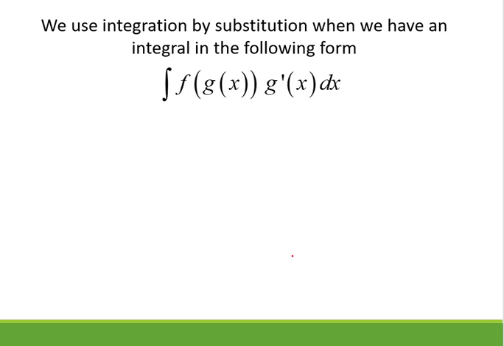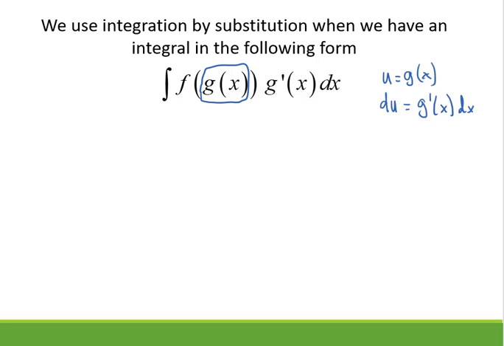Okay, so what integration by substitution is, it's undoing the chain rule. If you look at this, it's kind of a version of the chain rule. If I let u equal the inside of some function, so I let u equal g of x, then I find du to be g prime of x times dx.